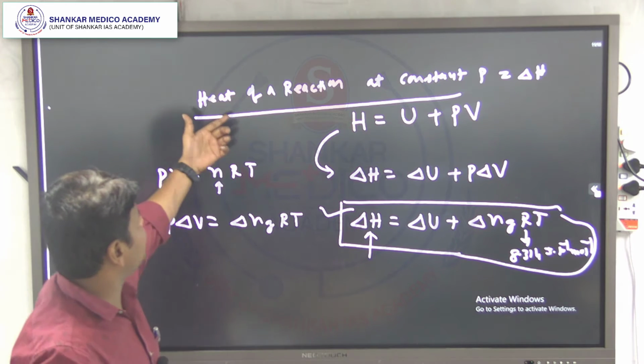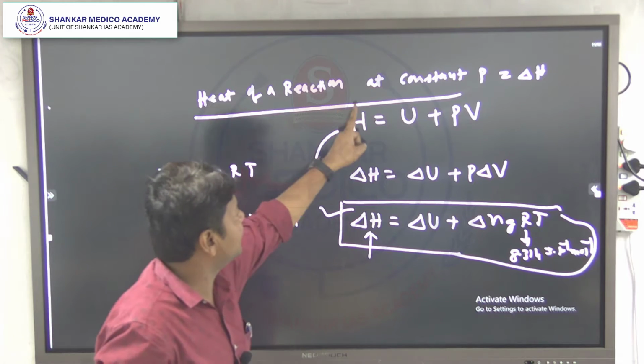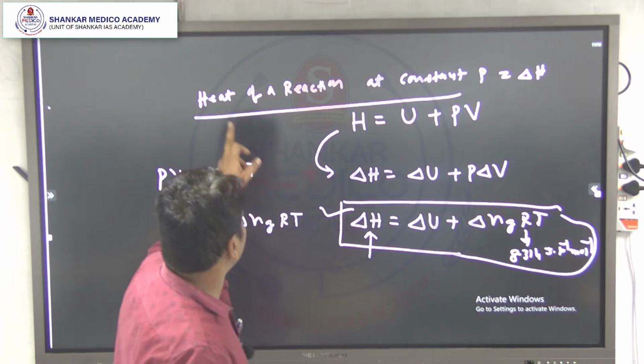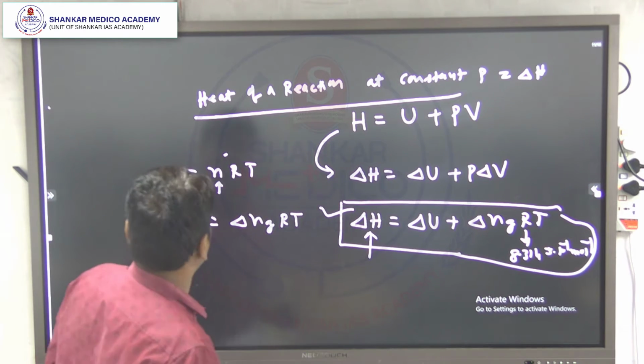If the information is provided in your problem, check whether heat of a reaction is given at constant pressure or constant volume. If heat of a reaction is given at constant pressure, it is nothing but your enthalpy change.